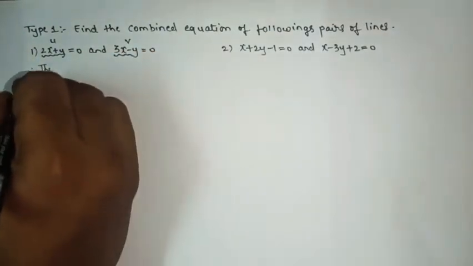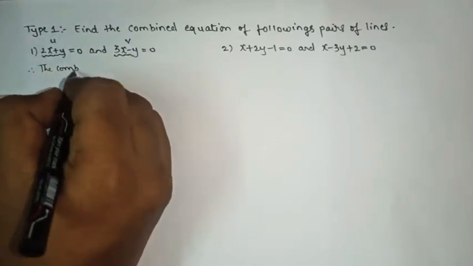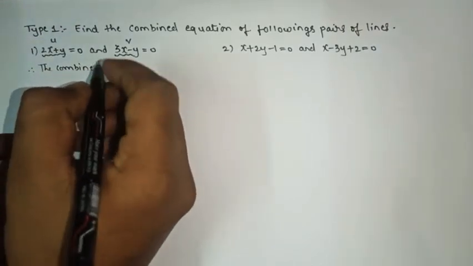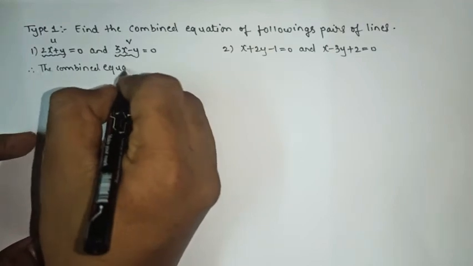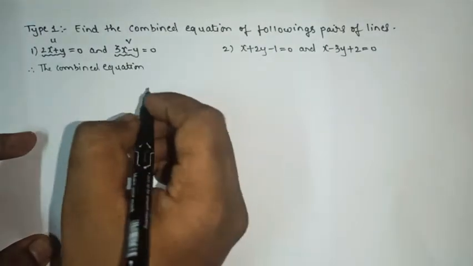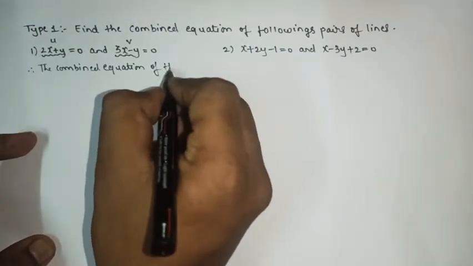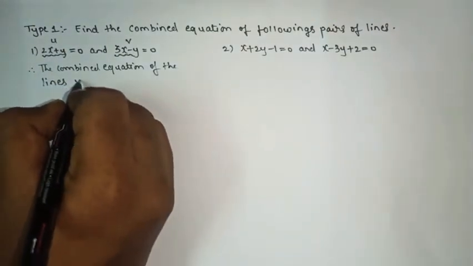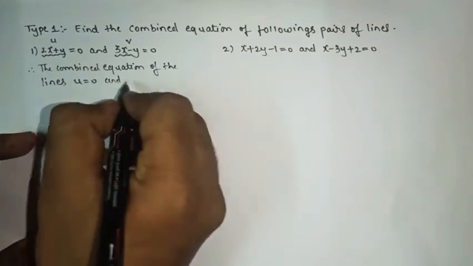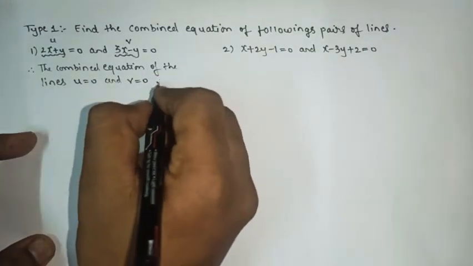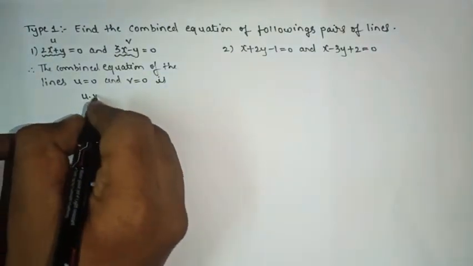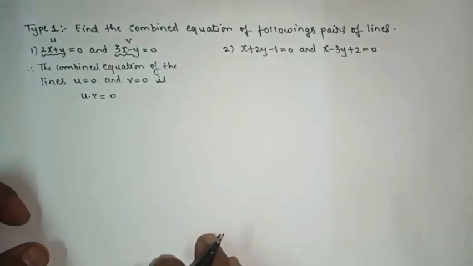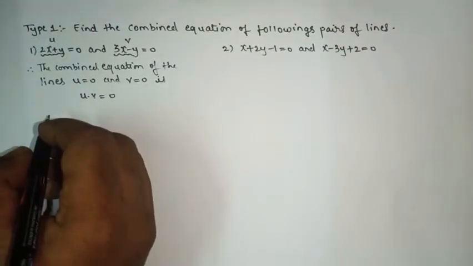So the combined equation of the lines u equal to 0 and v equal to 0 is what? u into v equal to 0. Yes or no?